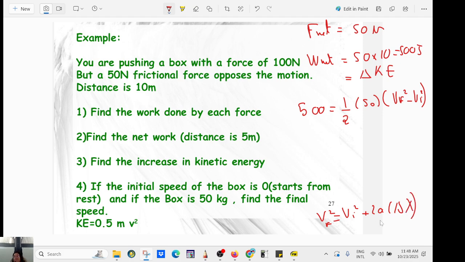It's the same equation. This is the net force divided by the mass. Okay, so then they say initial velocity is 0, so this is 0. So you have 1000 divided by 50 equals final squared, and you can solve. 20.